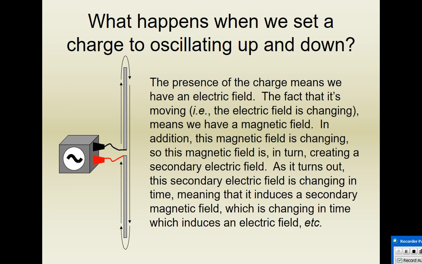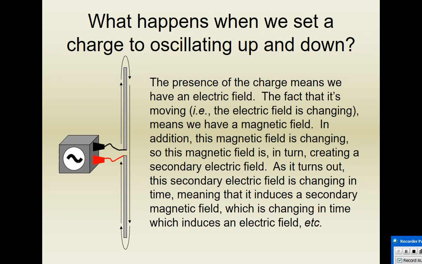But the thing is, this magnetic field is changing in time because the charge is moving in one direction, speeding up, slowing down, switching direction. It's changing its motion all the time. And so that magnetic field is going to be changing all the time. So that magnetic field that is changing all the time creates a secondary electric field.